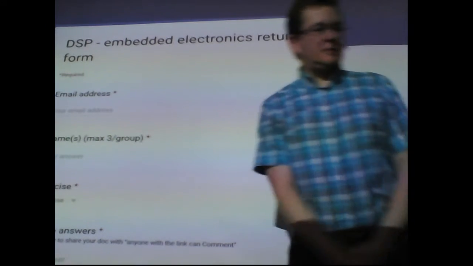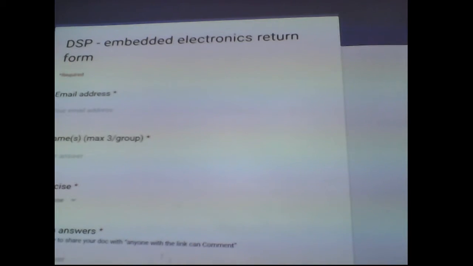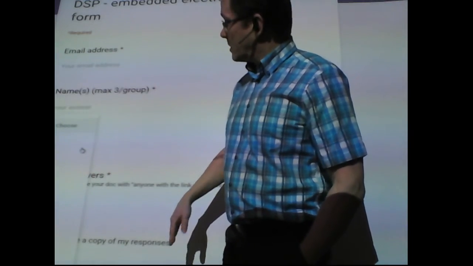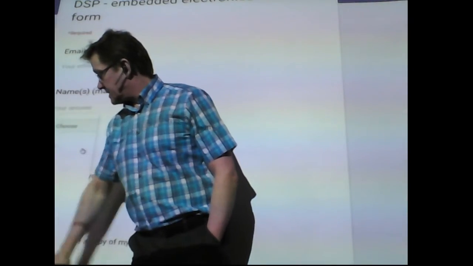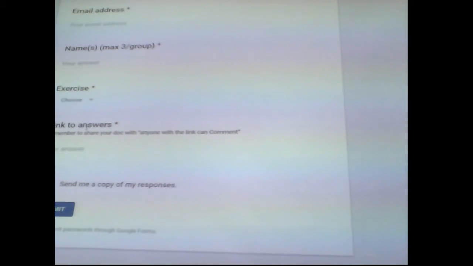Then the which exercise number, that is basically just there to simplify the returns, or actually my work. Don't worry about those 6 and 7. They are there for historical reasons. I might actually take them away. But anyways, link to answers, that's the important part.